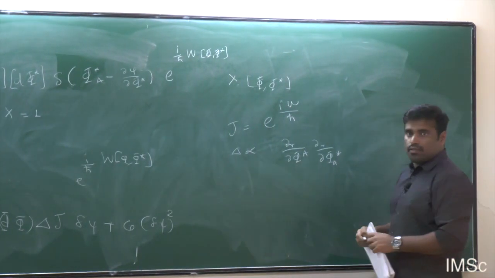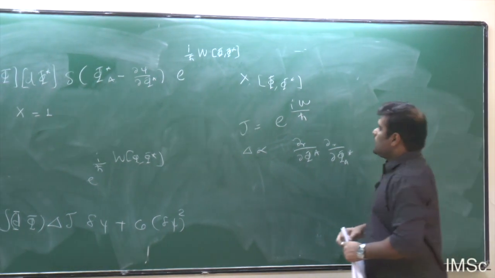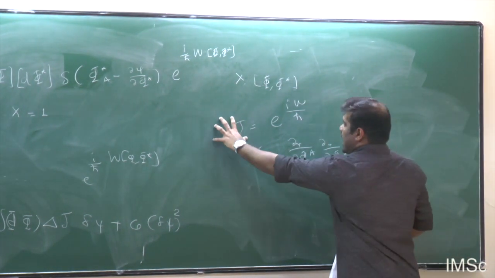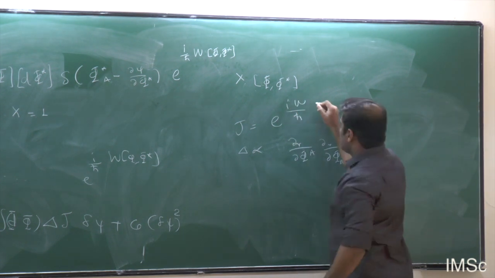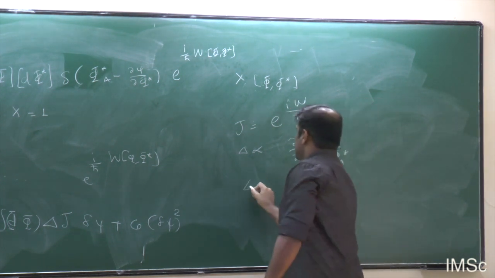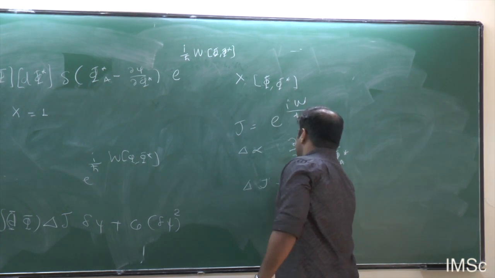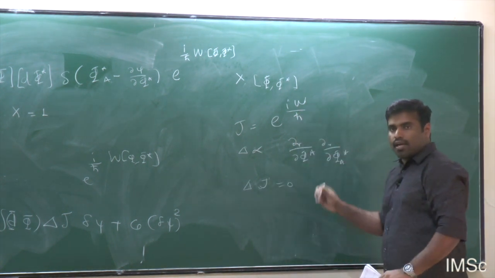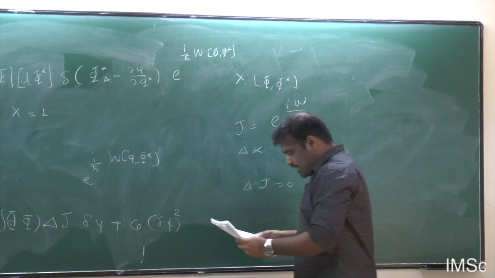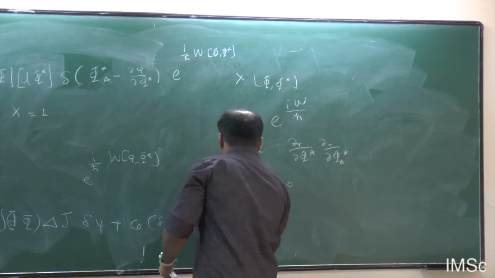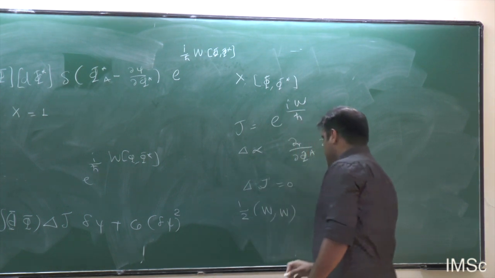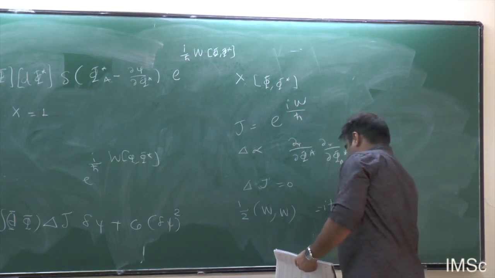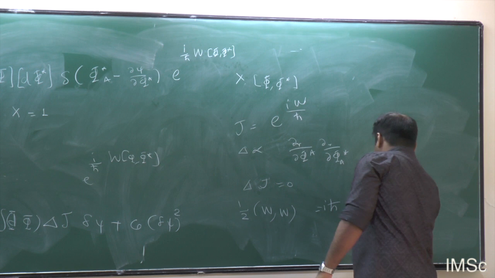It's like a Laplacian. So take this operator and act on e raised to iW by h bar. And I have to demand that delta of J should be equal to 0. One can work out the details and see that this gives you the following equation: half of the antibracket of W with W should be equal to i h bar delta W.